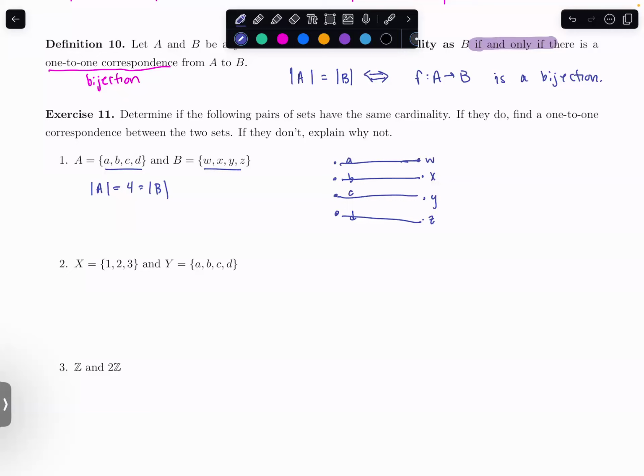Now you can tell we can't do that on this one, right? Because the cardinality of X is 3 and the cardinality of Y is 4.